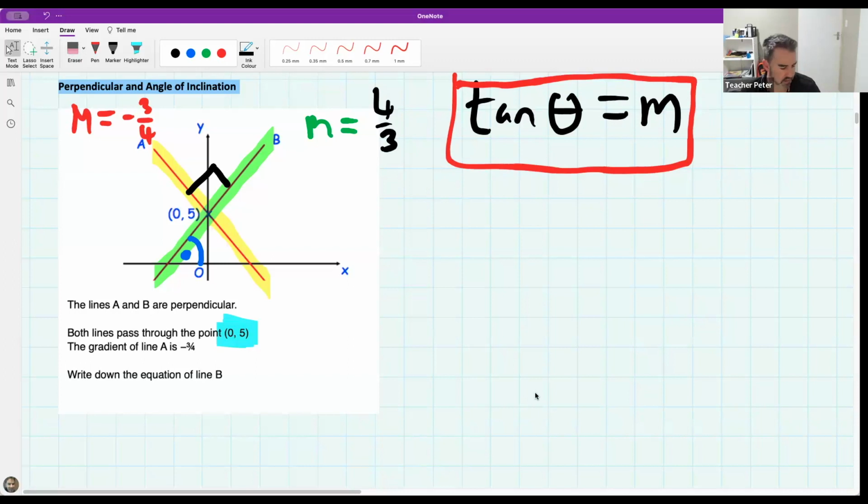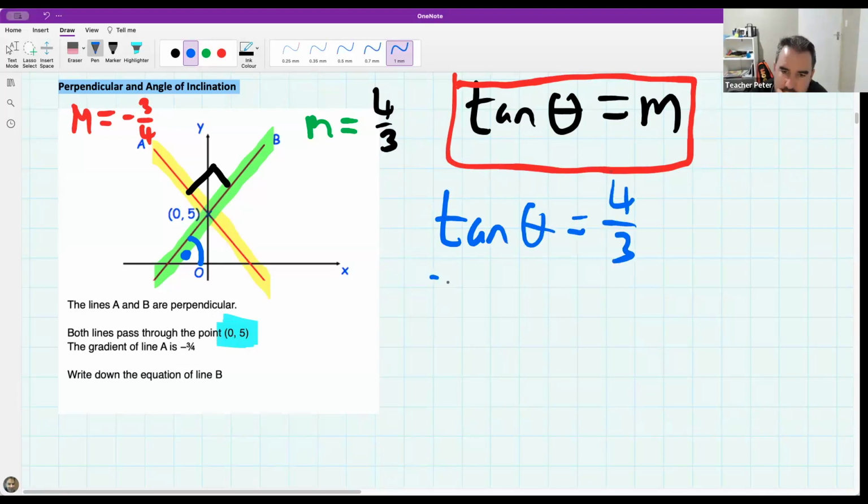What is that angle of inclination? So we know that the gradient is 4/3. So what is my angle of inclination going to be?